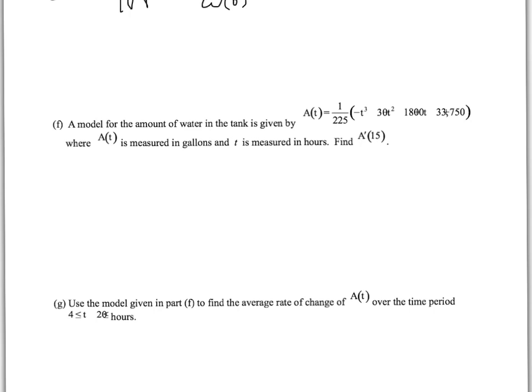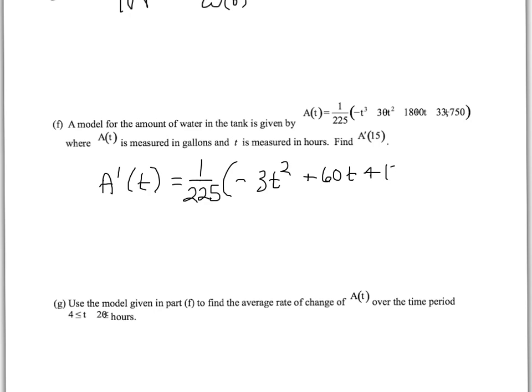Take the derivative. So A prime of T is 1 over 225 times negative 3t squared plus 60t plus 1800. There would probably be 1 point awarded for that. And then A prime of 15, you just plug it in.